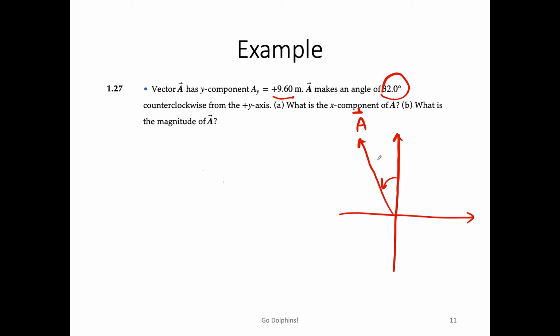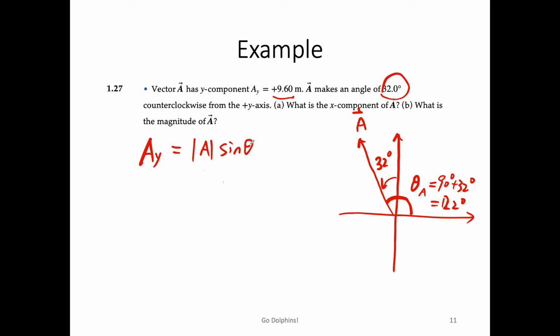This is A, and this angle is 32 degrees. So the angle of this vector, theta A, actually is 90 degrees plus 32 degrees equals 122 degrees.